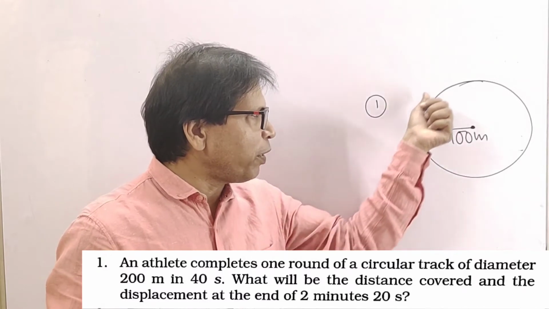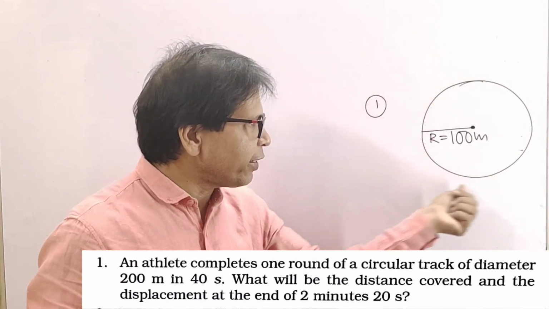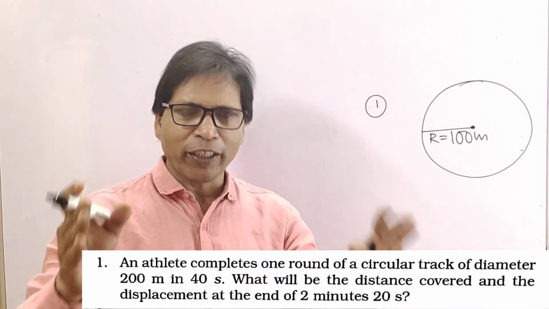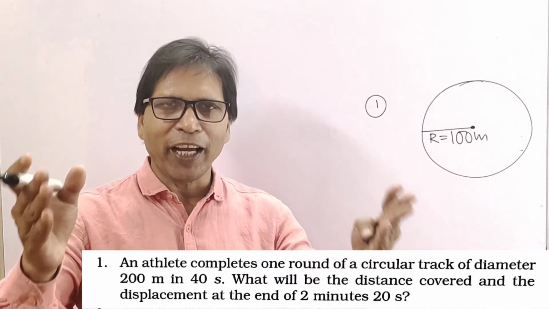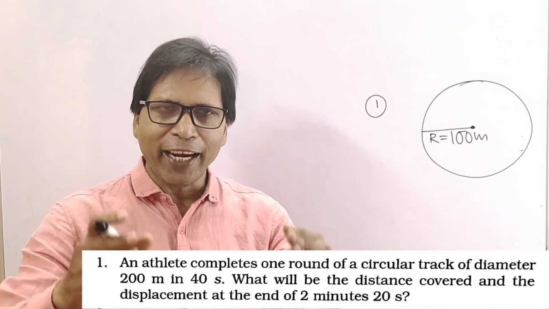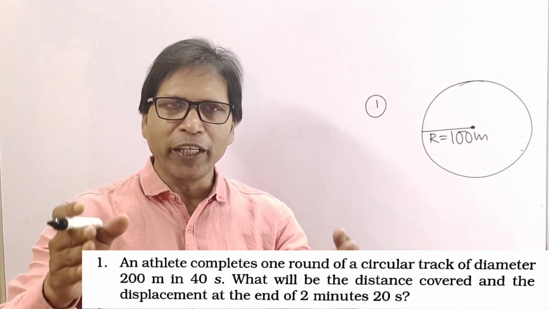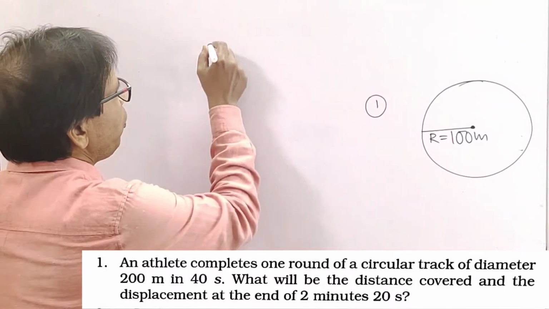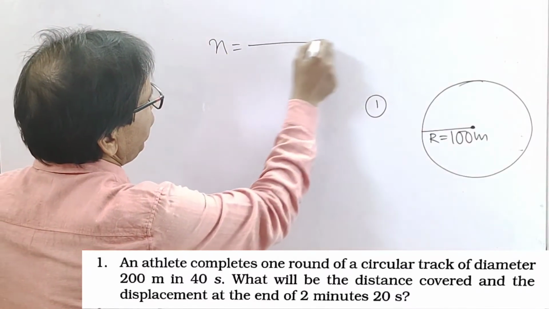Now look at this. An athlete completes one round in a circular track of diameter 200 meter in 40 seconds. We have to calculate displacement and distance in 2 minutes 20 seconds. Now first of all, the number of revolutions in 2 minutes 20 seconds.